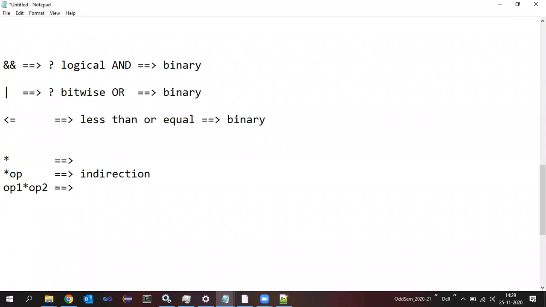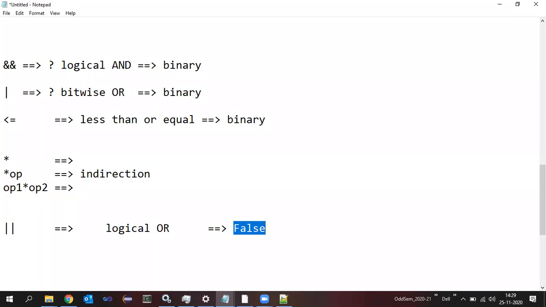Then, what about this operator? Pipe. Logical or. It is a binary operator. Wait, listen for the question. In the logical or operator, when will the result become false?